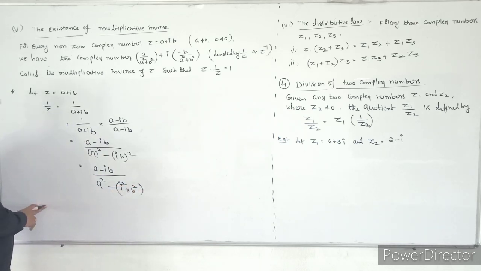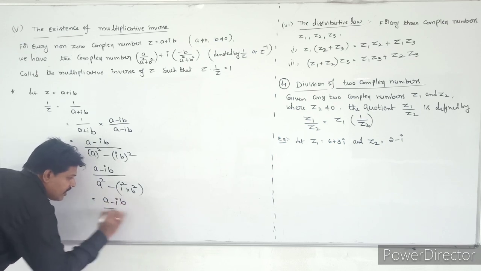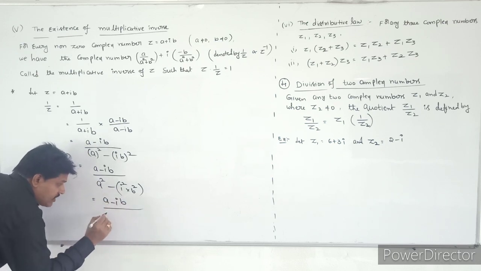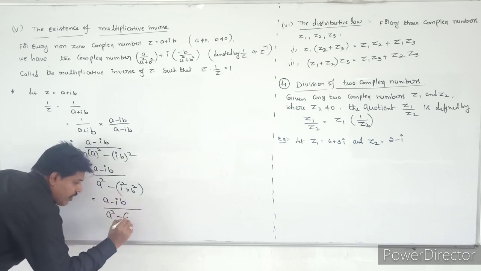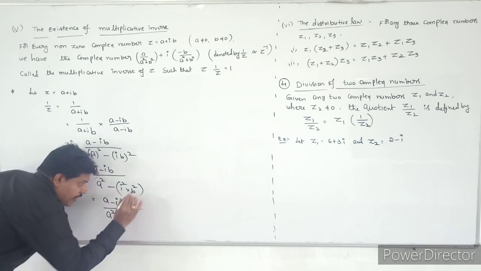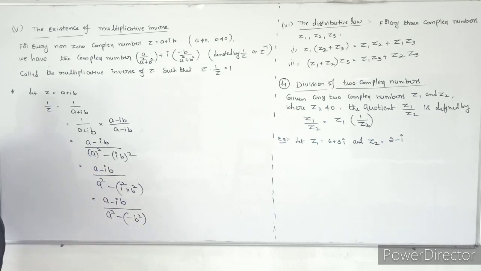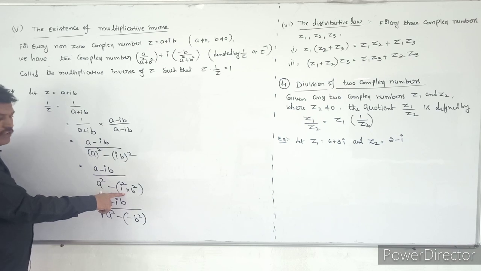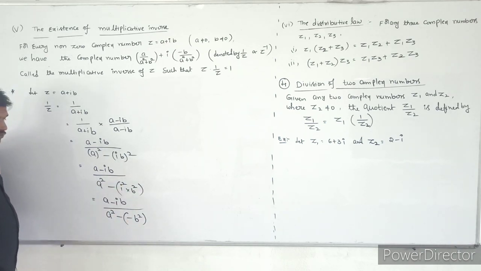What happens here? That is equal to a minus ib by a square minus i square b square. The i square value is minus 1, so it becomes minus b square.